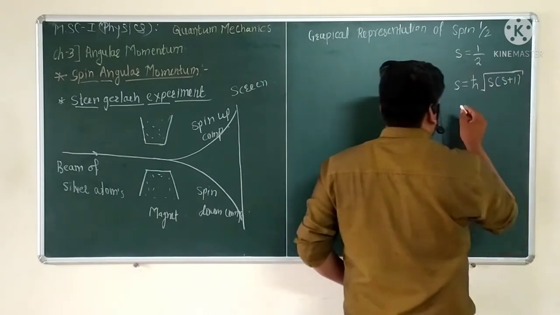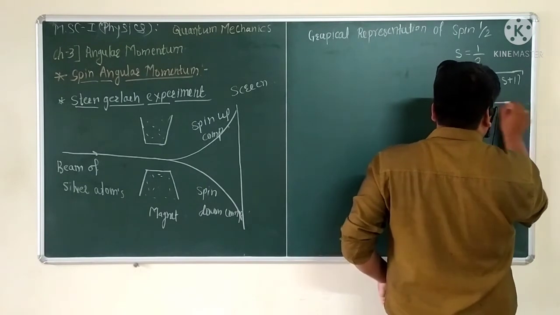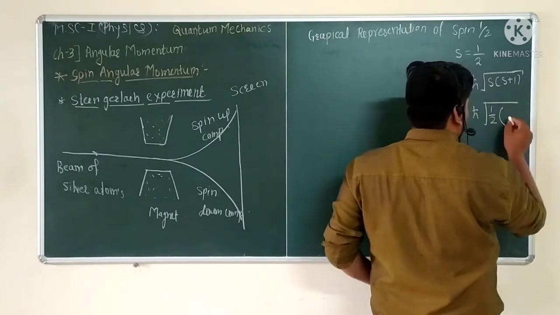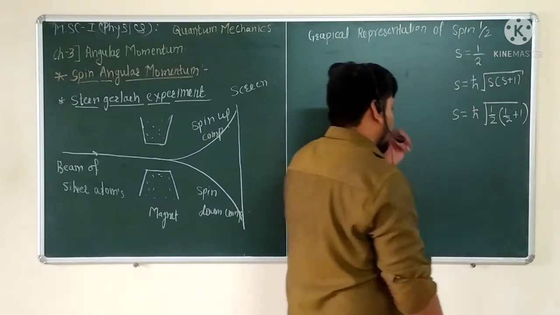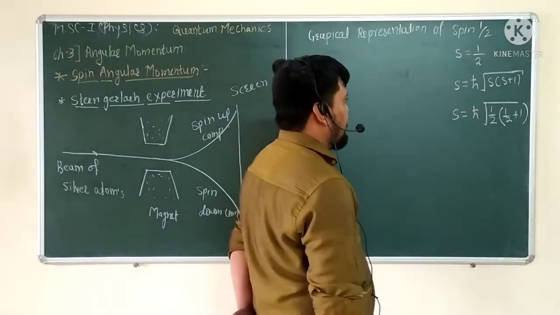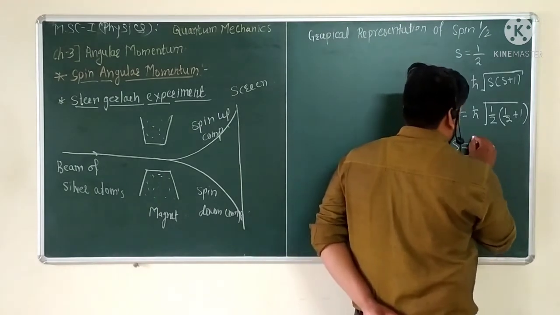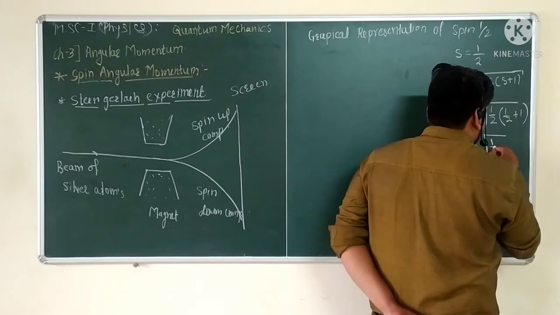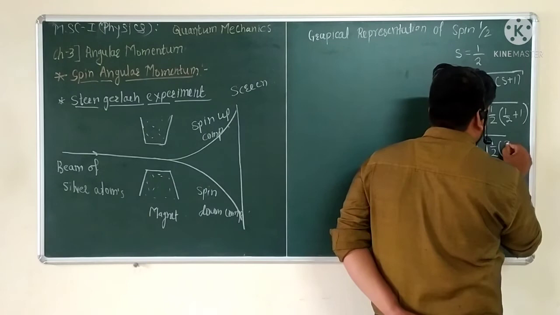Calculating, S equals h cross into root of half into half plus 1, which is nothing but 3 by 2.